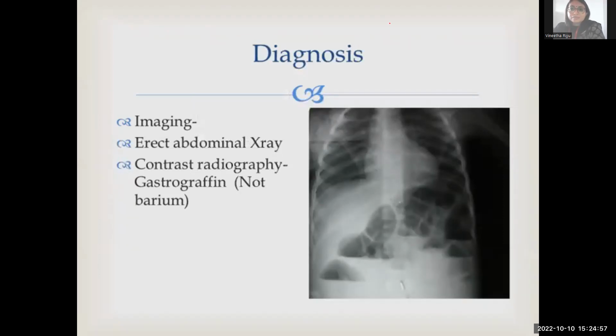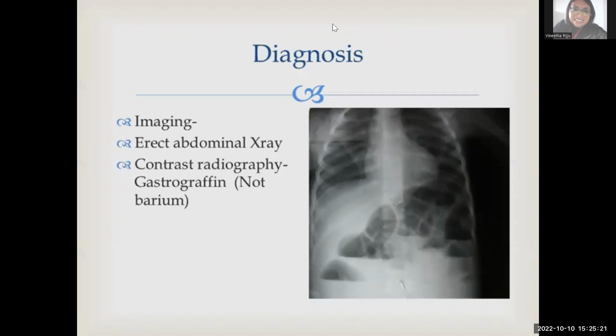There is an X-ray over here. And do you have any idea what is going to tell you in that X-ray that the patient is having bowel obstruction? Any idea?